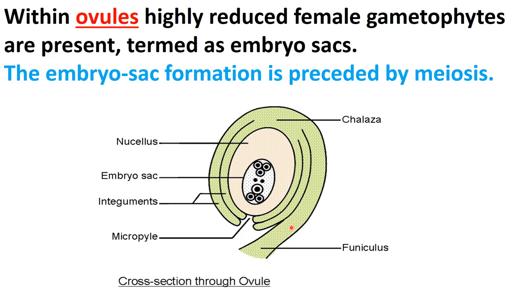You see here this complete structure. This is the ovule, which is present inside the ovary. With the help of this structure, the ovule is attached to the ovary. Inside the ovule, this is the structure, the female gametophyte, which is present inside the ovule.